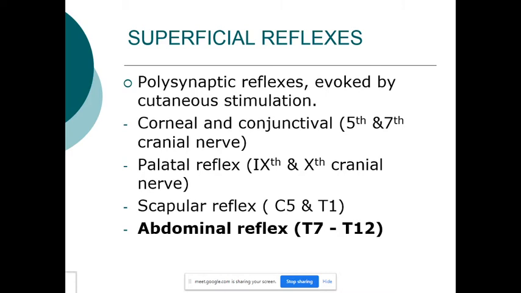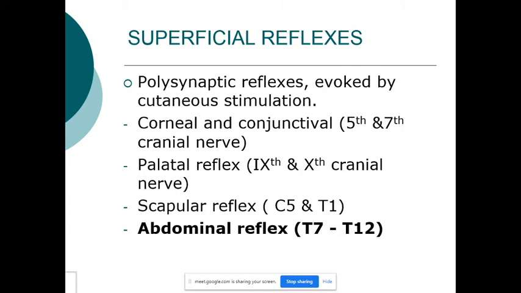From the side, without the patient's knowledge, you have to just come and touch the conjunctiva. Conjunctiva means you will be touching the white portion of the eye. Whenever you touch that, you will see the patient will blink the eyes. That is the reflex. That is the conjunctival reflex.